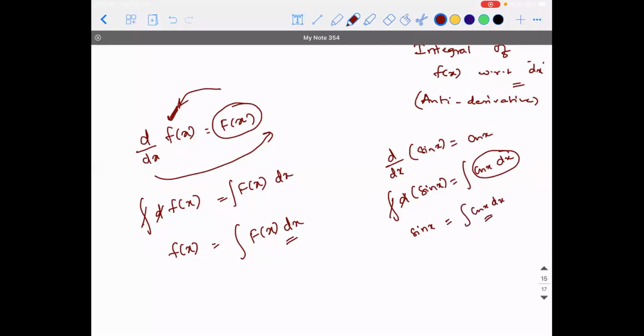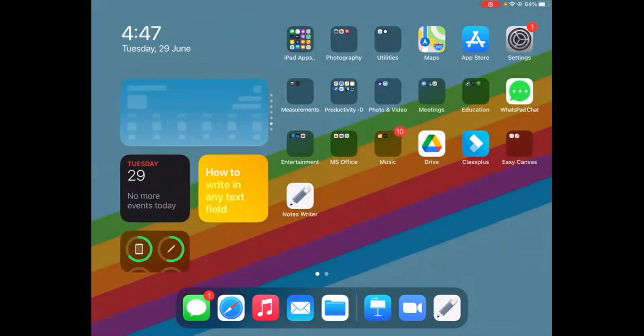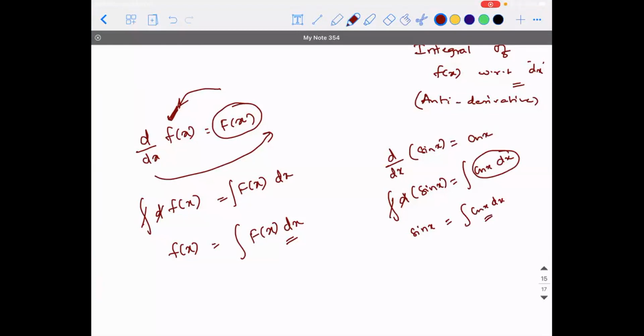Now, what was the derivative of cos x? Minus sin x. But what is the integral of cos x? Sin x. Okay, so this is where people get confused.